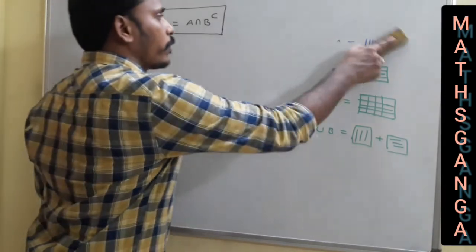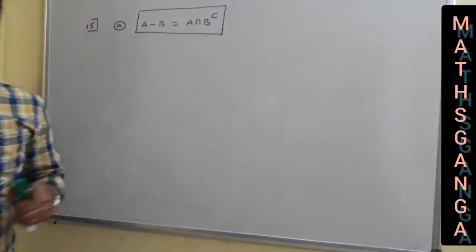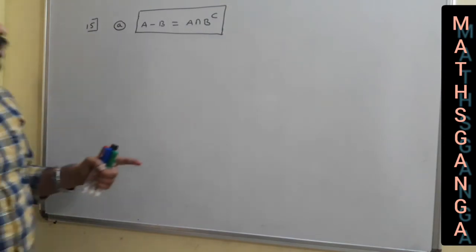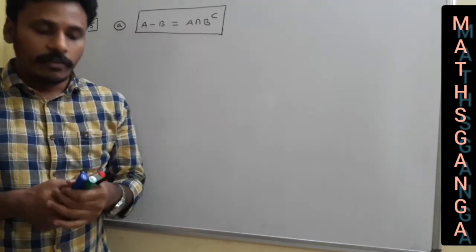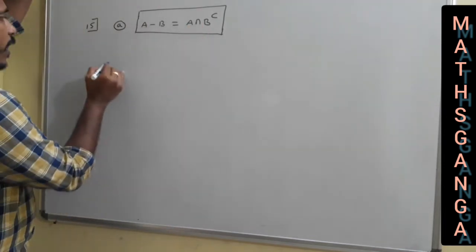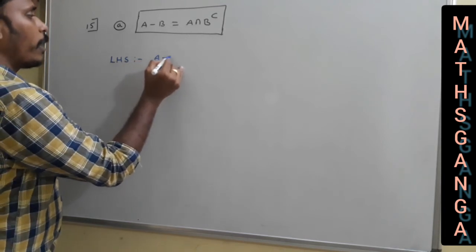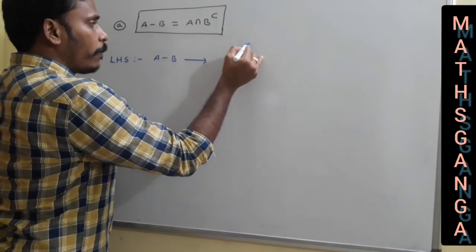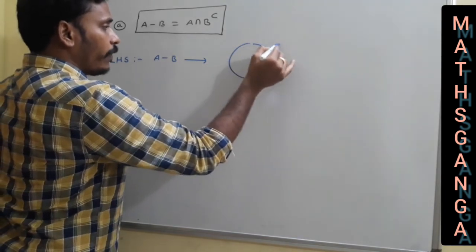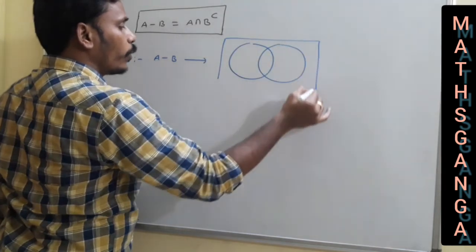I am erasing this. Coming to the statement A minus B is equal to A intersection B complement, I need to draw the Venn diagrams for the left side set as well as the right side set. First, the left hand side: A minus B. We know the Venn diagram: set A and set B, both included in the universal set.